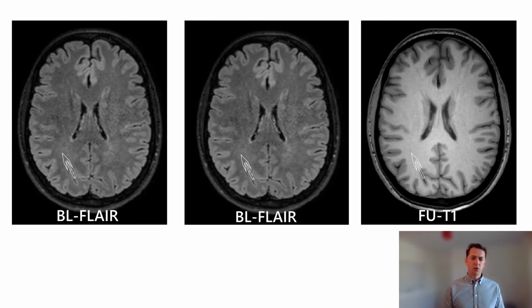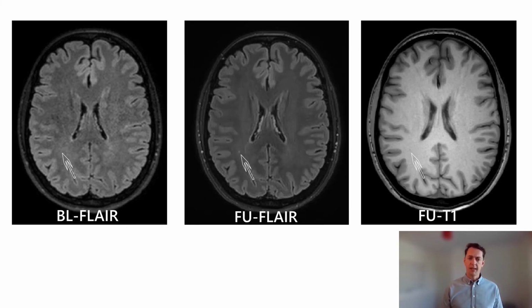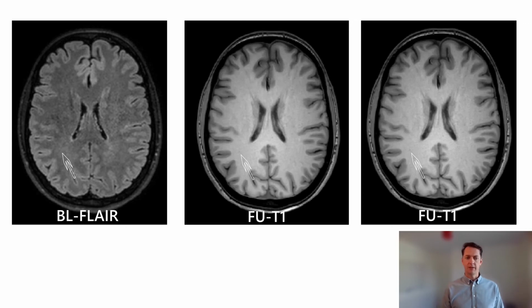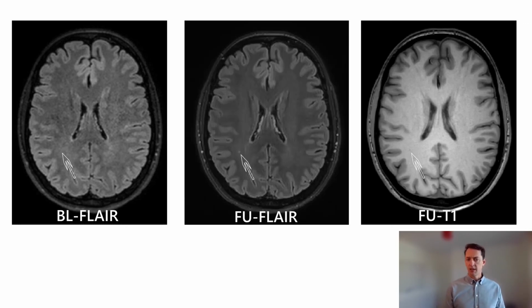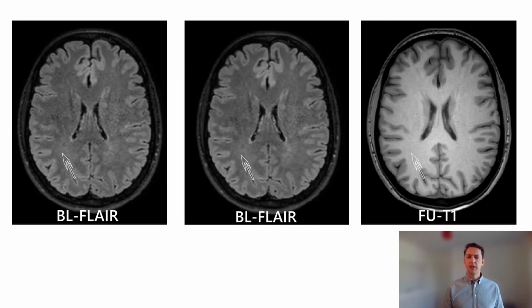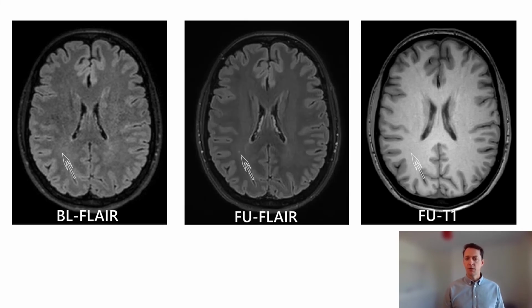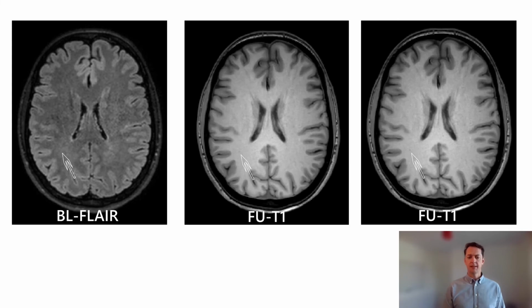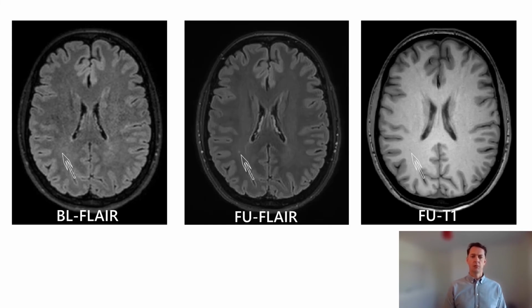We also use a toggling functionality between baseline and follow-up FLAIR. In this way, changes between baseline and follow-up are nicely visible as a flickering signal, and even very small new lesions can be detected easily, as shown here in that example.